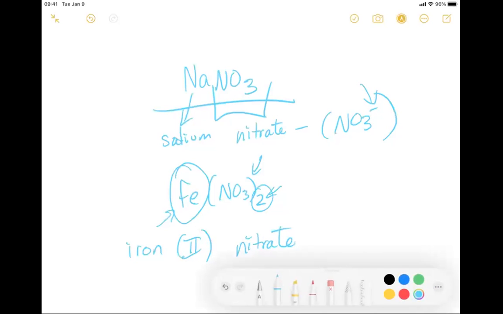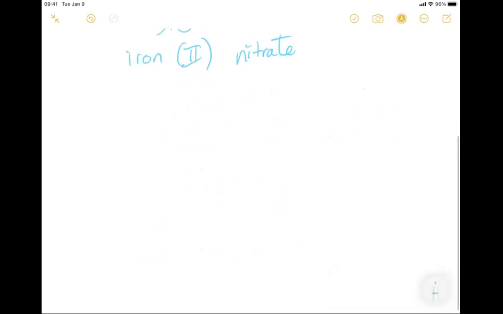Okay. If I give you a name, let's do calcium phosphite. The trick to understanding what kind of compound you're looking at from the name is to look at the ending of the second word.